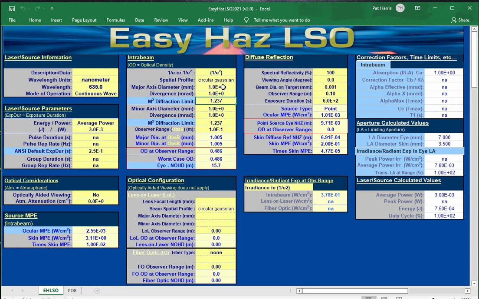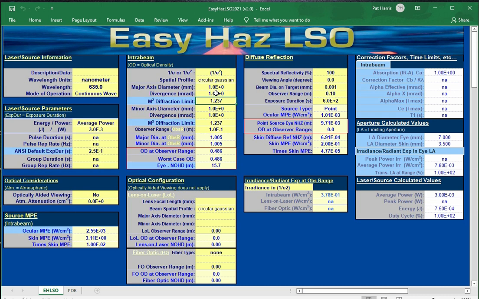Sometimes it isn't okay. It does make a difference where that beam waist is, particularly if you're using a laser that has a beam expander, because when you use a beam expander, we typically push the waist quite a ways out. It could be tens of meters out, 100 meters out. When we give the results, say for the NOHD, it's referencing the distance from what it's assuming to be the beam diameter at the beam waist.